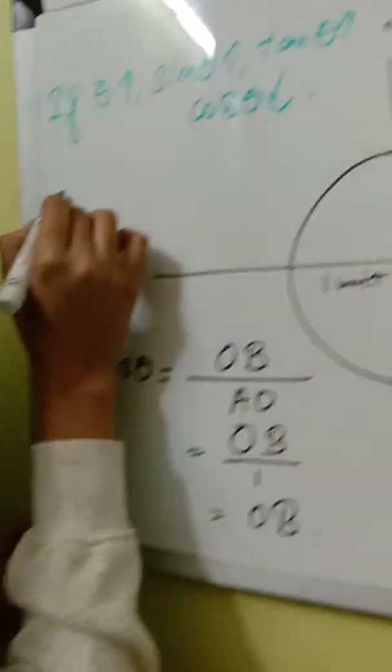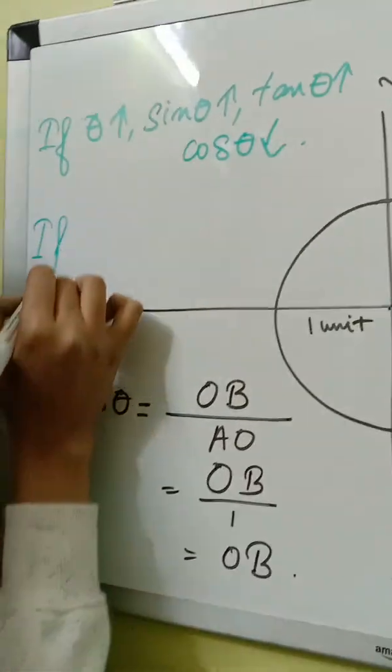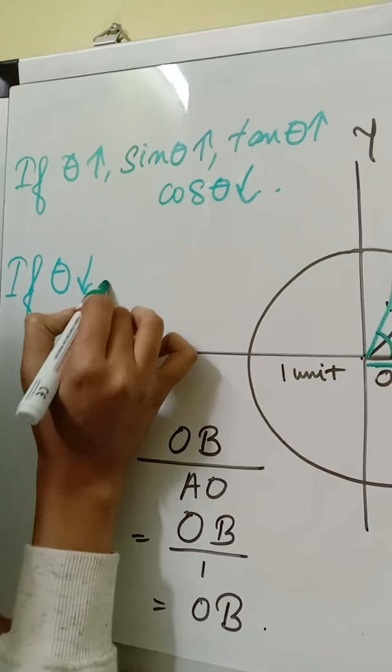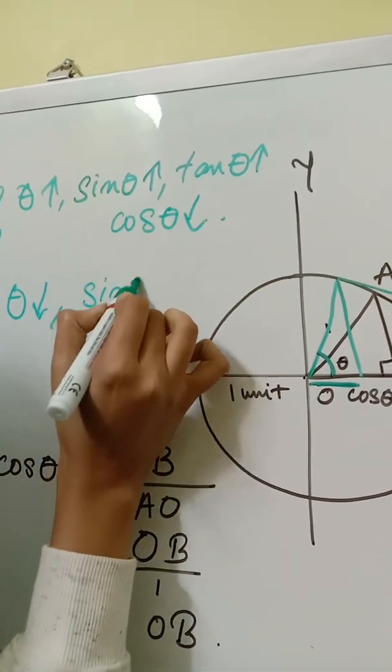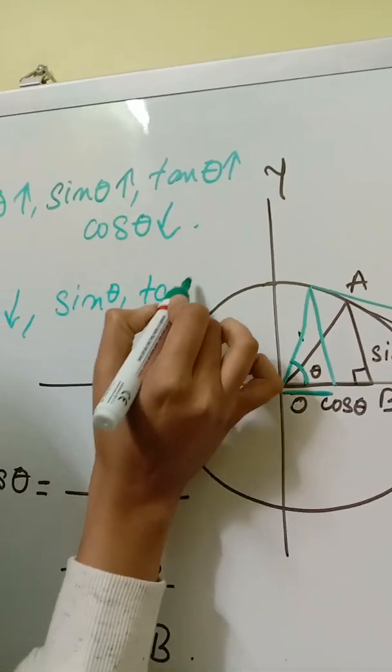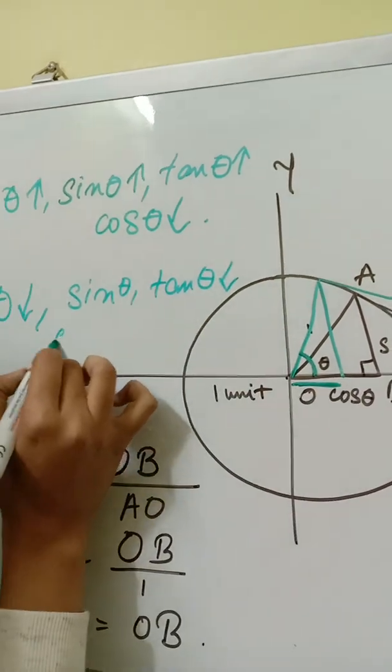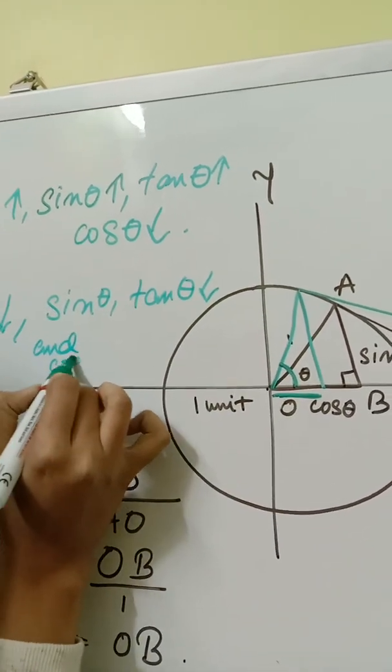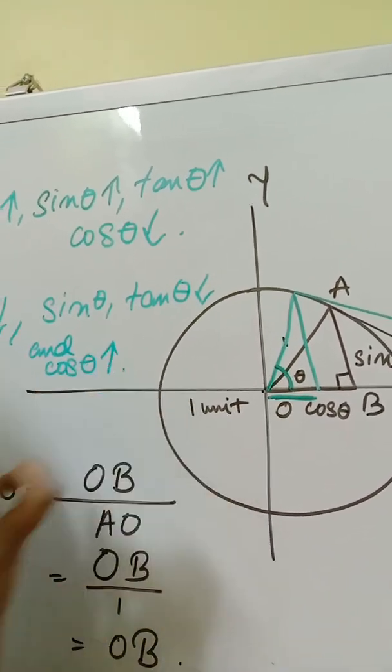And the opposite will be the case when theta decreases. If theta decreases, my sine theta and tan theta decrease and cos theta increases. So that's how the angle theta is related with these trigonometric functions.